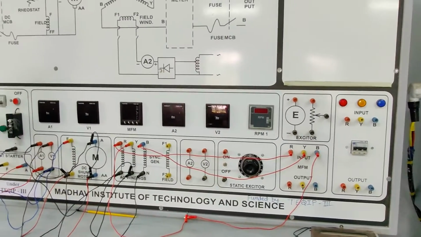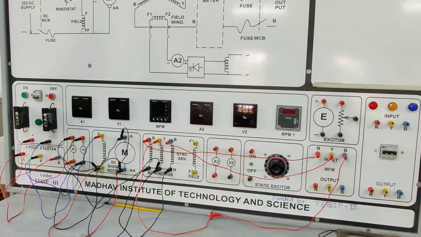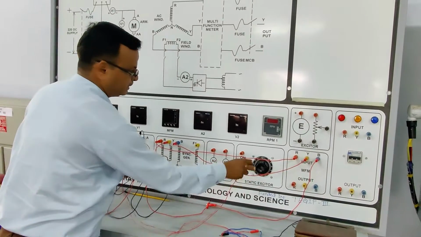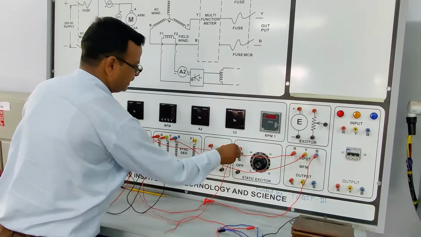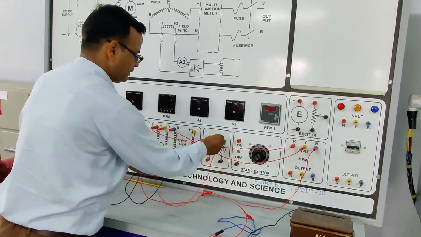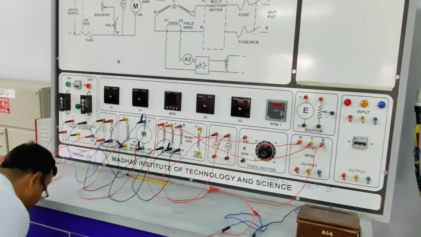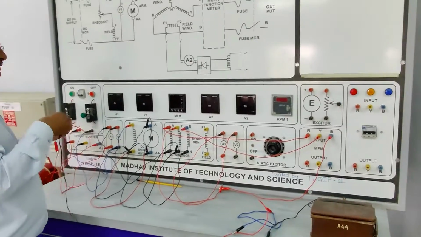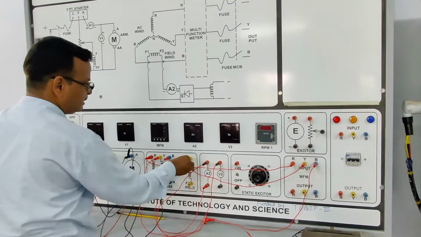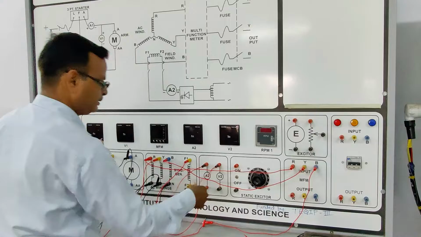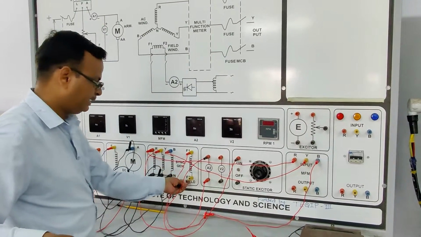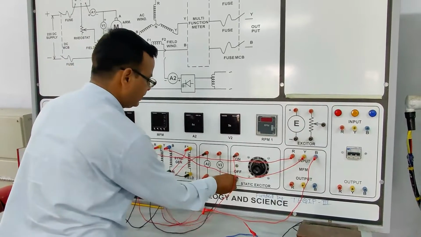The field winding F1 is connected to the DC exciter through a series ammeter, and this ammeter is connected to the F1 terminal, and double F is connected to the negative terminal of the exciter.